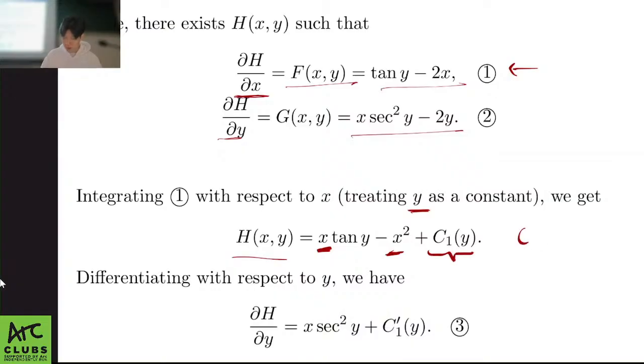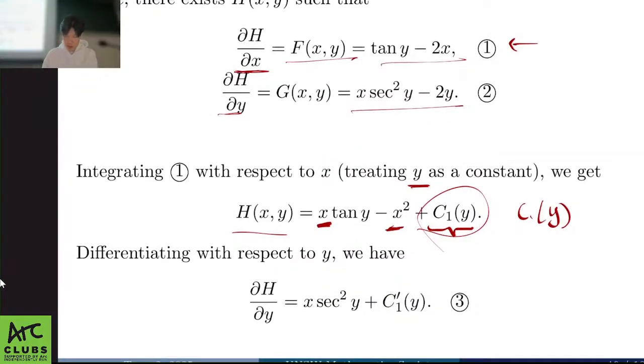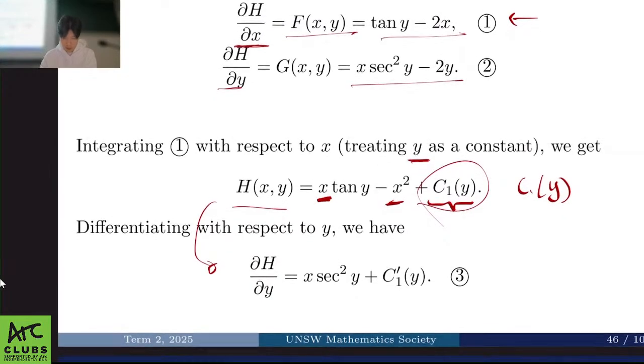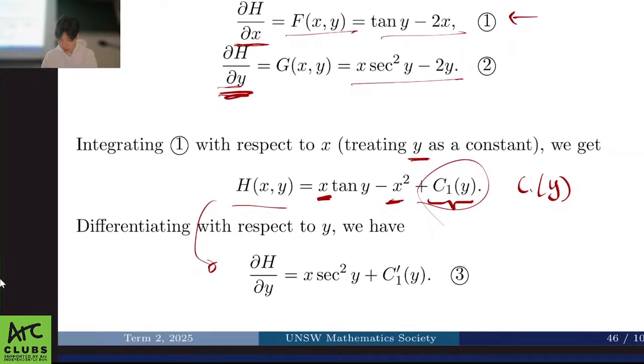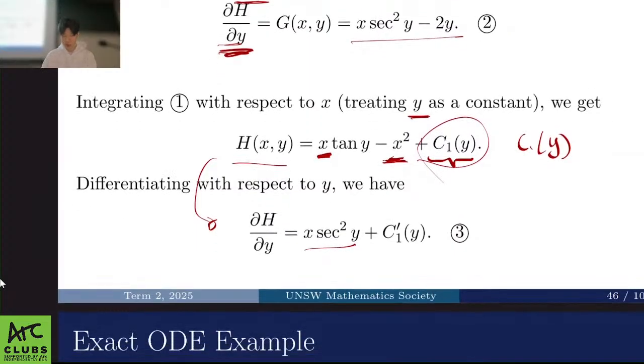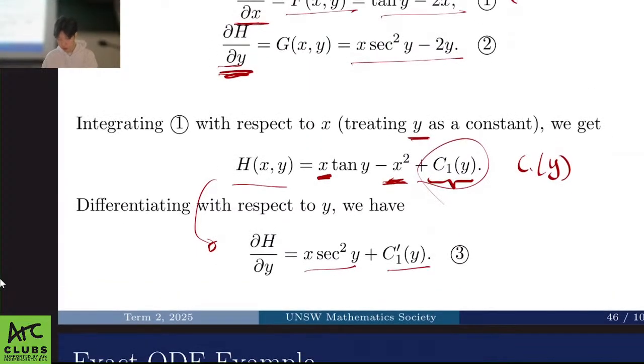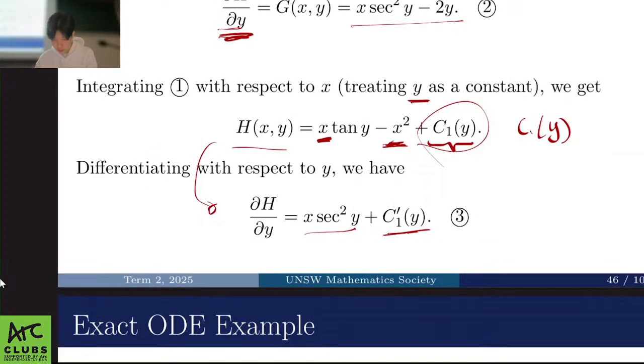Now the reason we write c1(y) is because since we treated all the y's as a constant, our constant here could be a function of y, we don't know. Now we can differentiate partially again with respect to y to get h_y again. So it's x sec squared y, then x squared gets sent to 0 since x is a constant. Now we have the derivative here.